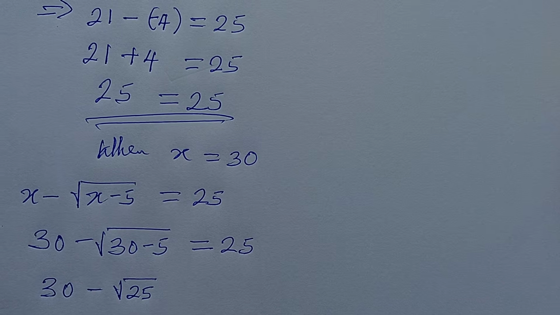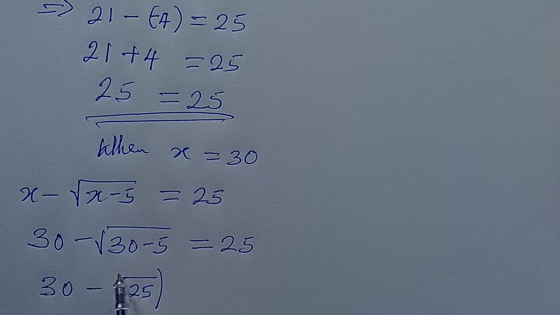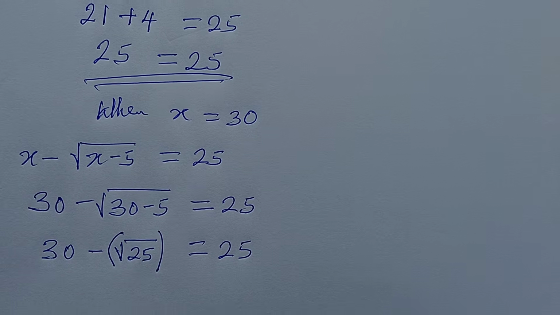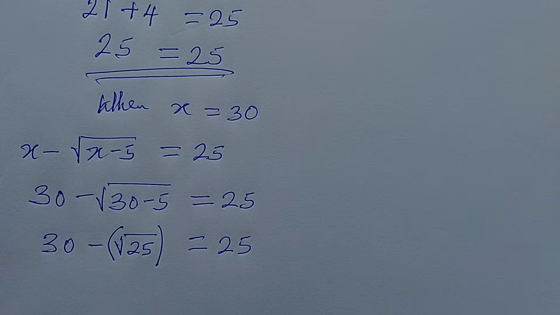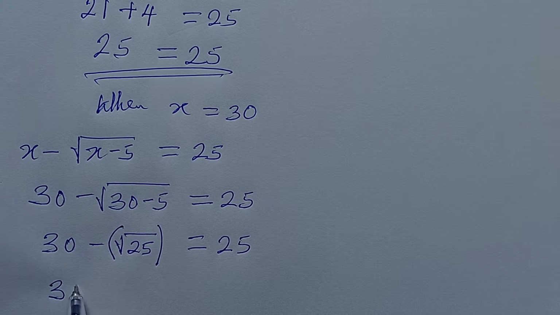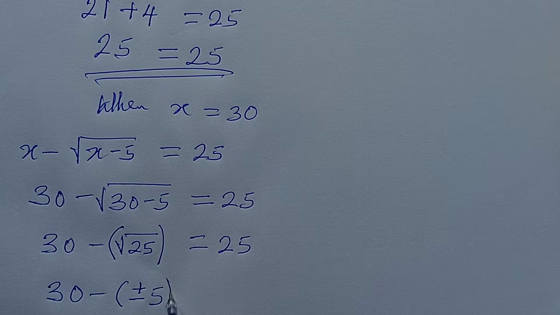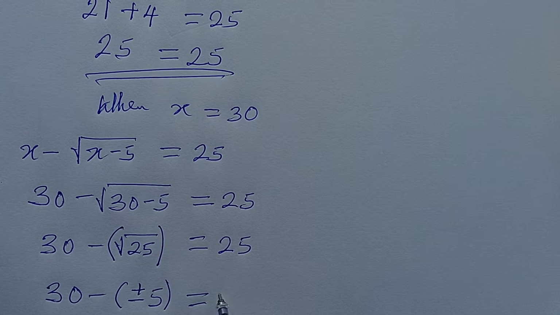Remember, we have to put this in brackets, equal to 25. Knowing the square root of 25 gives us plus or minus 5, this gives us 30 minus bracket plus or minus 5 close bracket equal to 25.